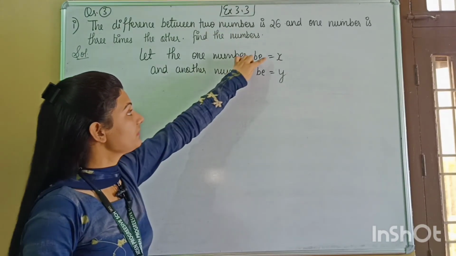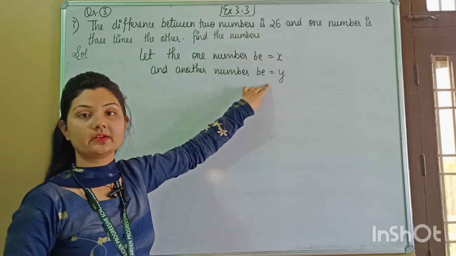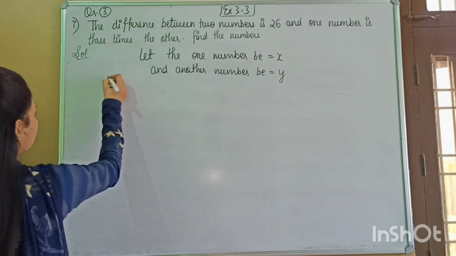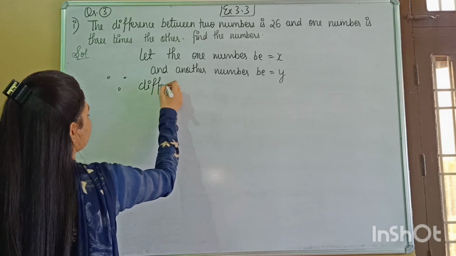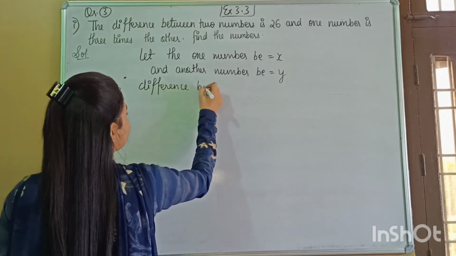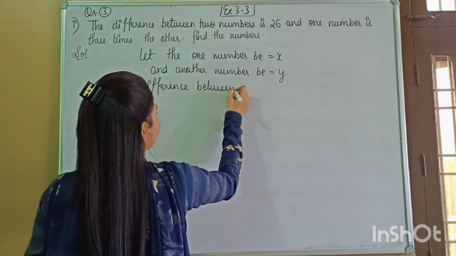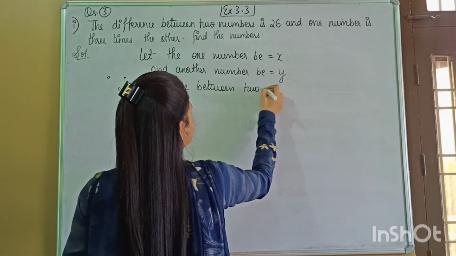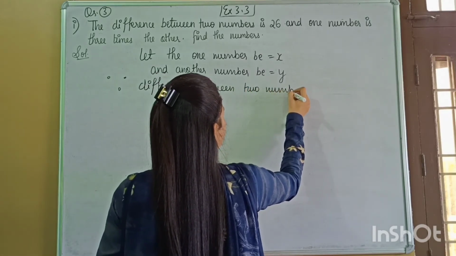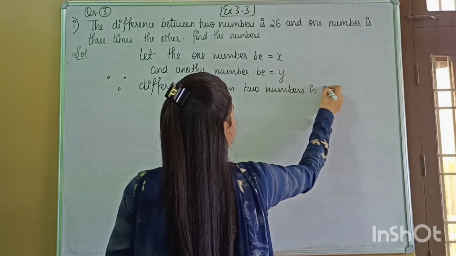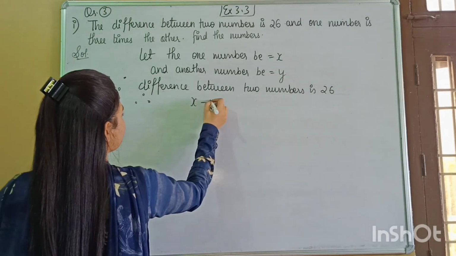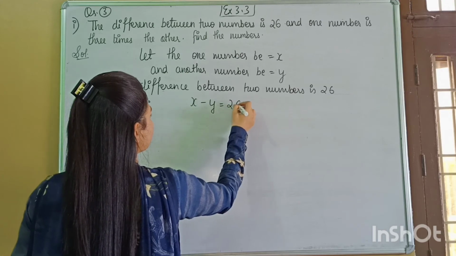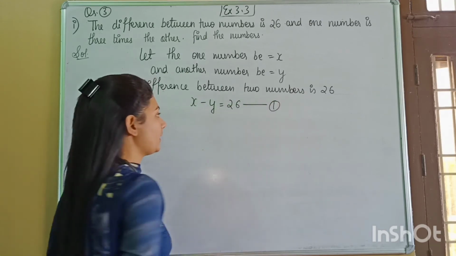It means when we subtract these two numbers, we will get 26. Because the difference between two numbers is 26, therefore x minus y is equal to 26. Name it as equation 1.